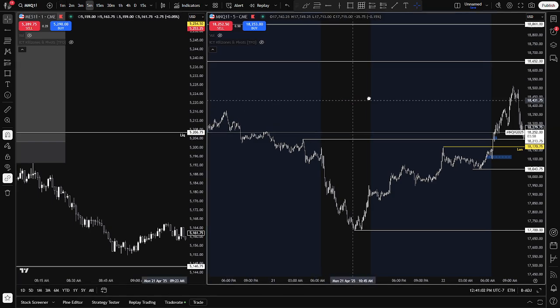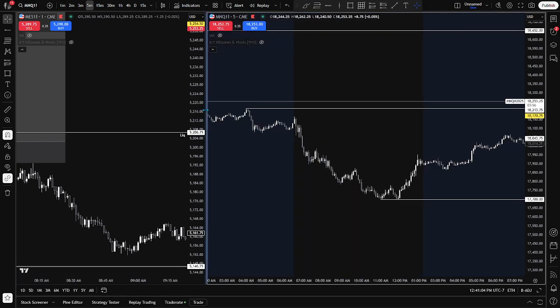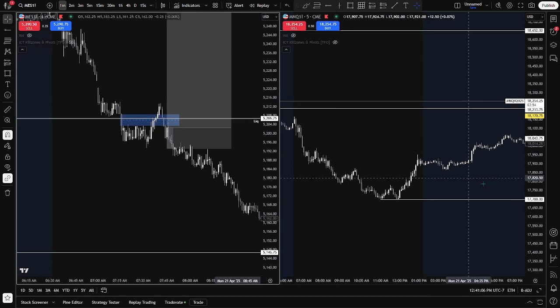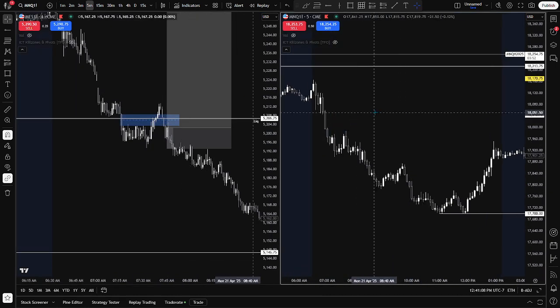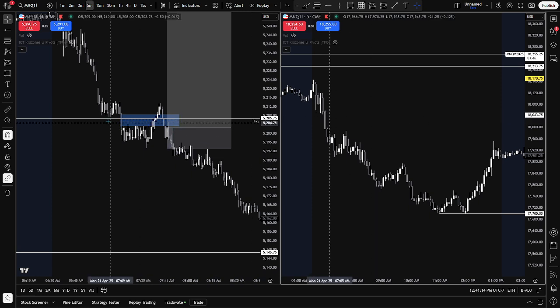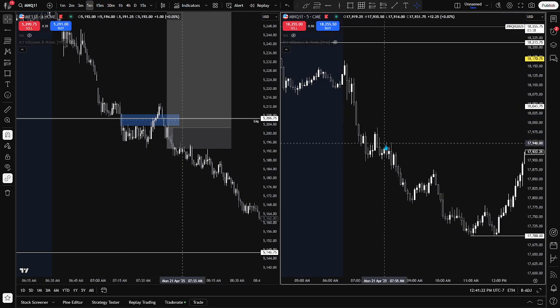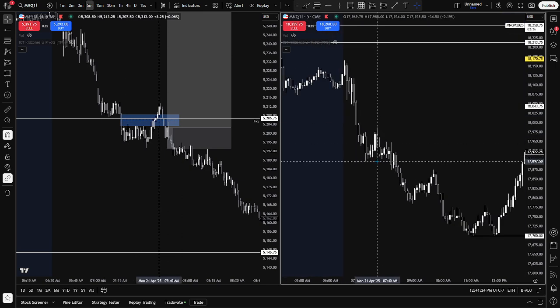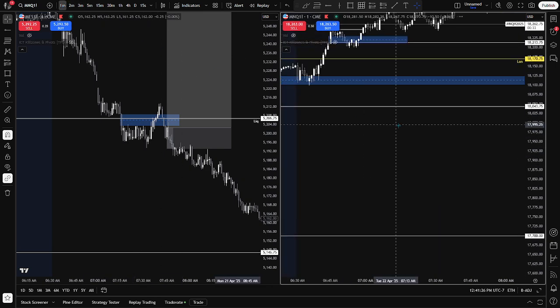And let's see if we got an SMT somewhere. I know we had an hourly SMT. We swept this, or we swept something else on NQ and not ES. Let's see this on 5 minute.